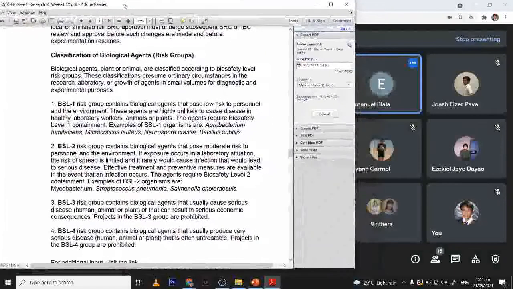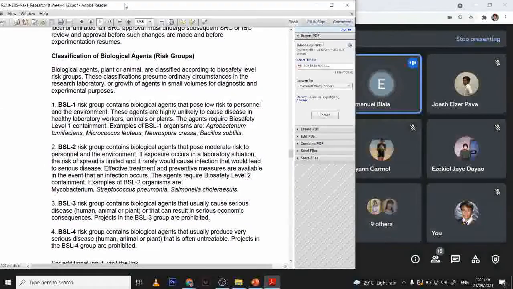Okay? You can read BSL-3. Cabo, Enrica. BSL-3 risk group contains biological agents that usually cause serious disease, human, animal, or plant, or that can result in serious economic consequences. Projects in the BSL-3 group are prohibited. So for example, of course, you have the coronavirus, serious economic consequence, like right now.